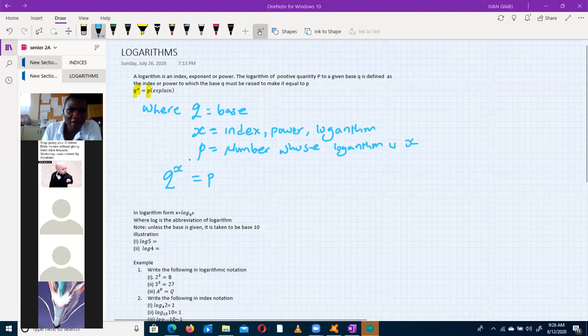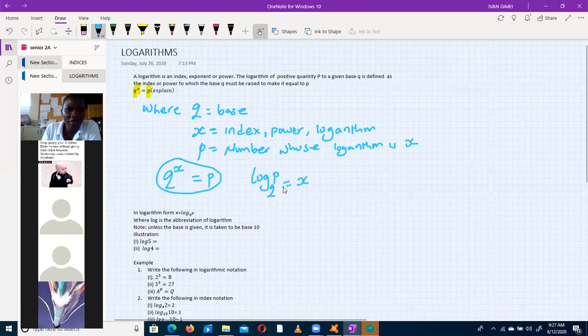Now, if I have this, we can write it in terms of logarithms. This is in index notation. We write it in logarithm as log of p to base q equals x. This one is in index notation, this one is in logarithm notation.